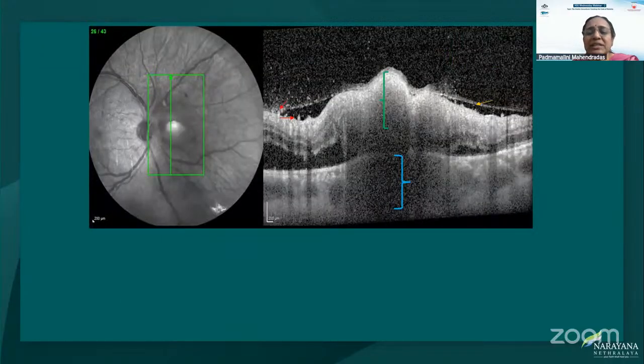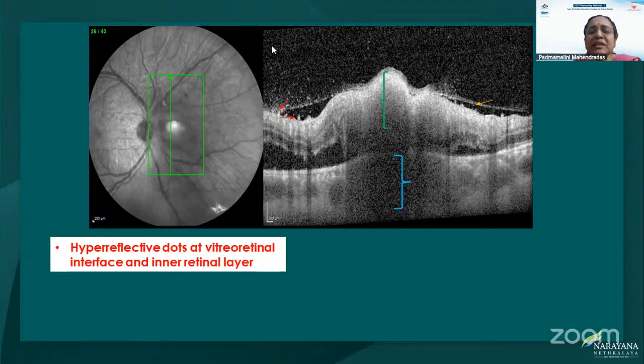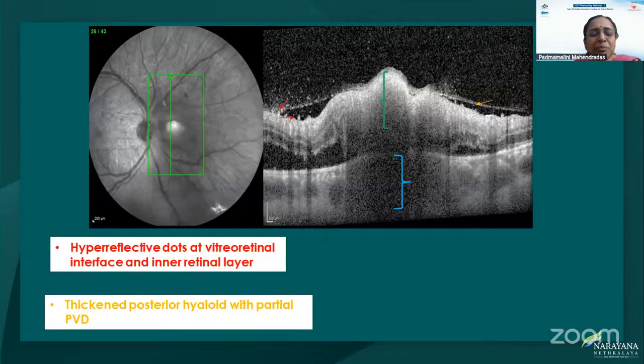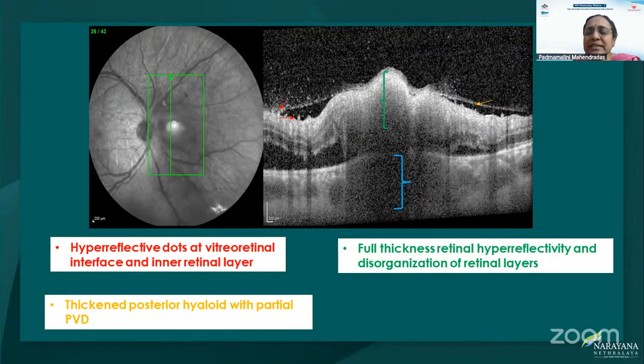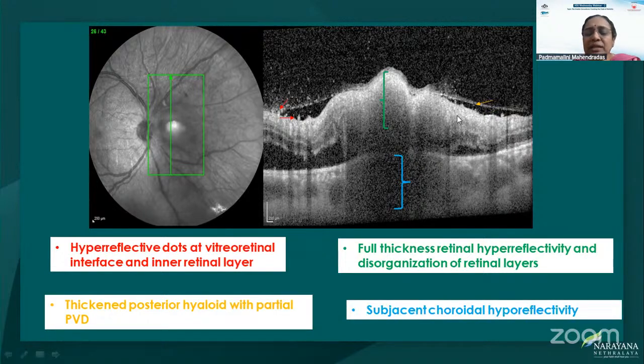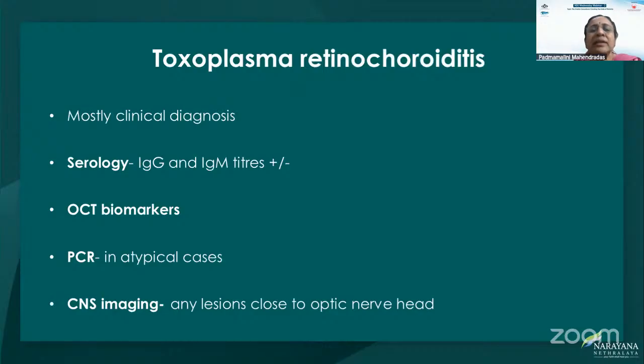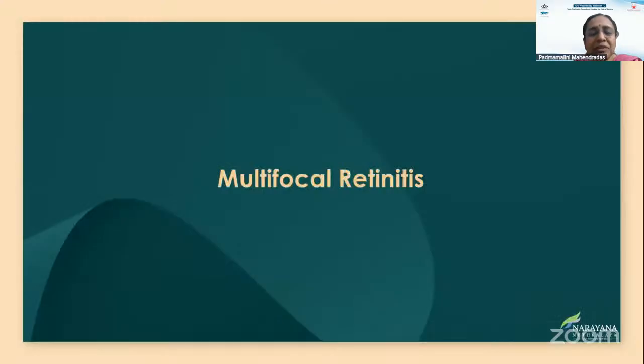The OCT shows hyperreflective dots in the posterior vitreous cavity, a thickened posterior hyaloid with partial PVD, full thickness retinal hyperreflectivity and disorganization of the retinal layers with choroidal hyporeflectivity. So all this points towards a case of toxoplasmosis. Since we have a separate talk, I will not go into the details. We make the diagnosis clinically and start the patient on anti-toxo treatment followed by systemic steroids.